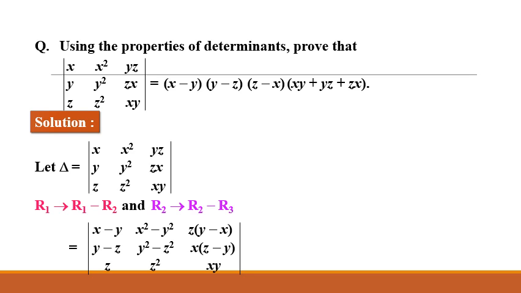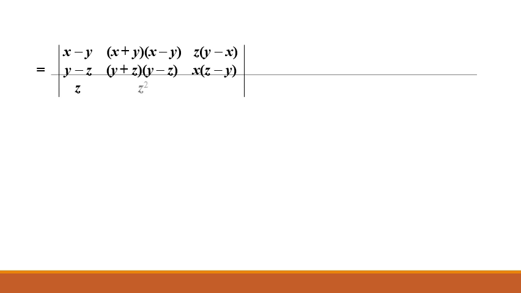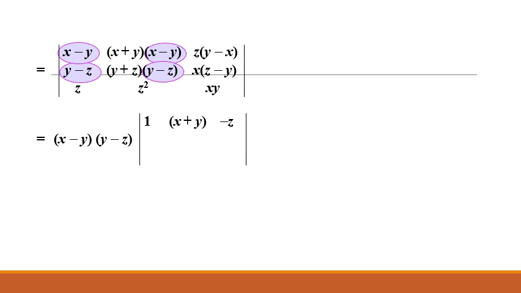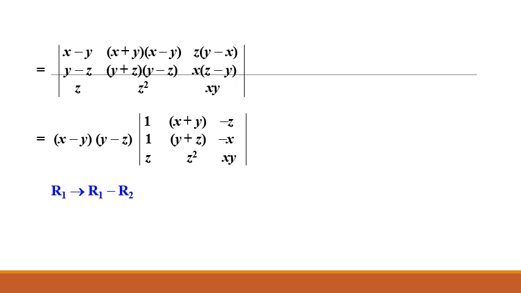So in the first row we can take out x minus y common, and in the second row we can take out y minus z common. The remaining determinant will be 1, x plus y minus z; 1, y plus z minus x; and z square, xy. Now next we will apply the property R1 implies R1 minus R2.